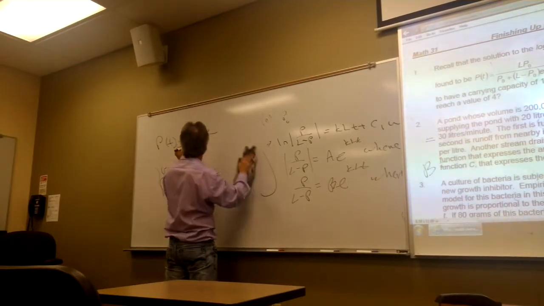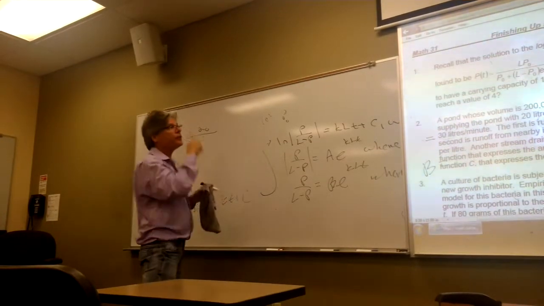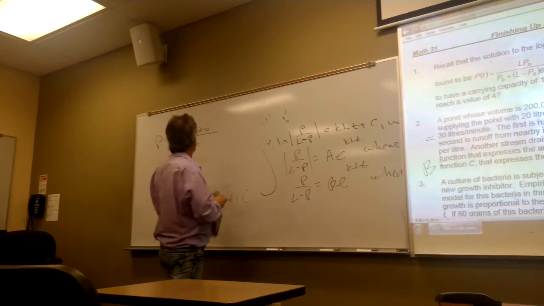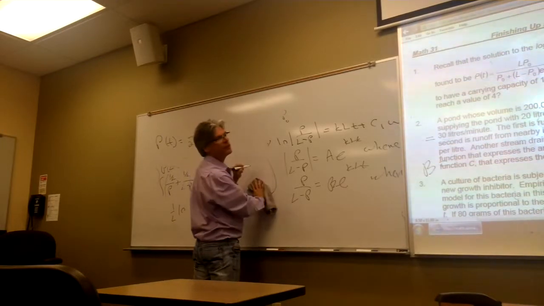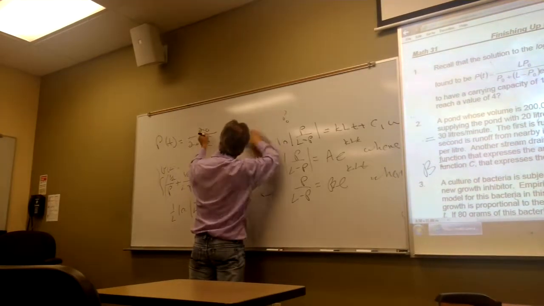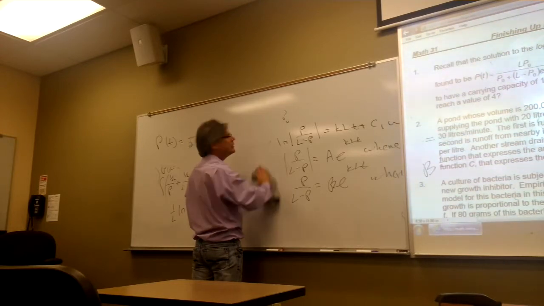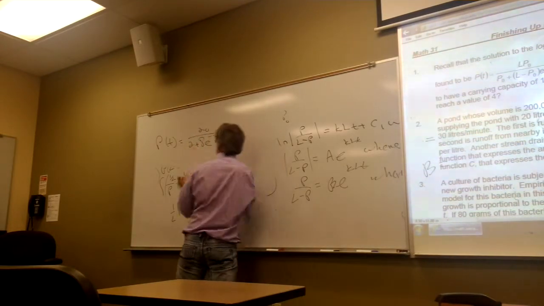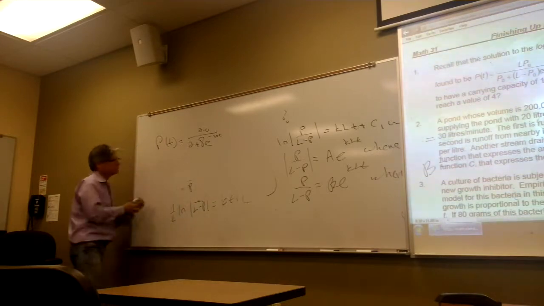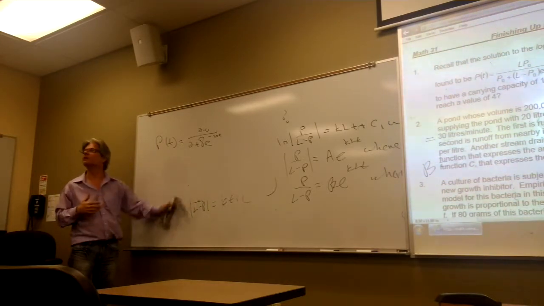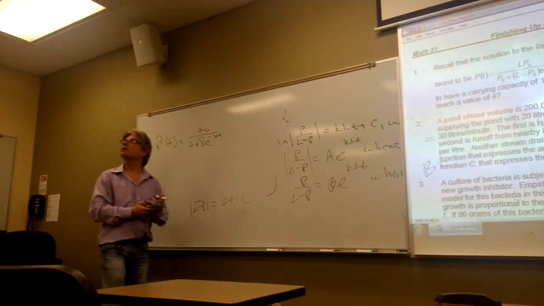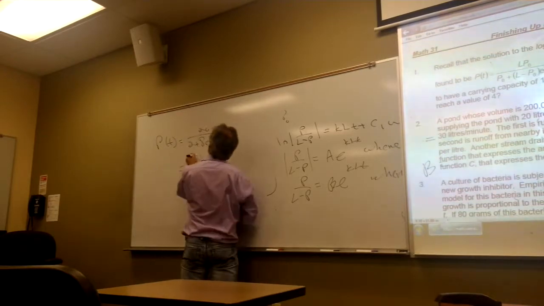Initial population, plus the difference between my carrying capacity and initial population. And I'm raising e to the negative 10t power. You guys just make sure I put in the right numbers. Or how about I reduce, to be lazy?